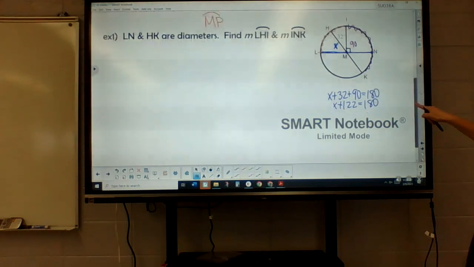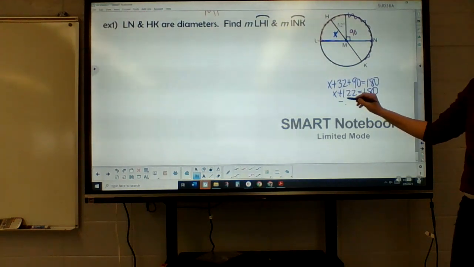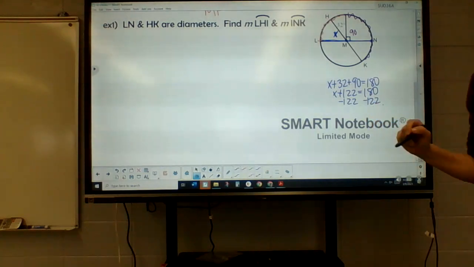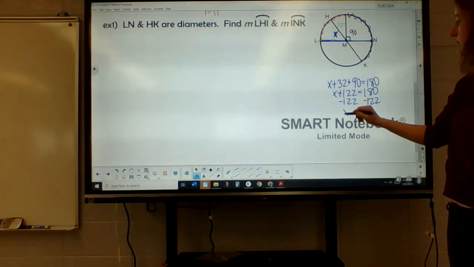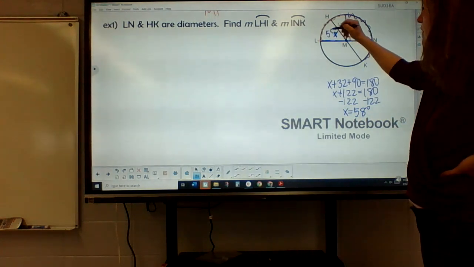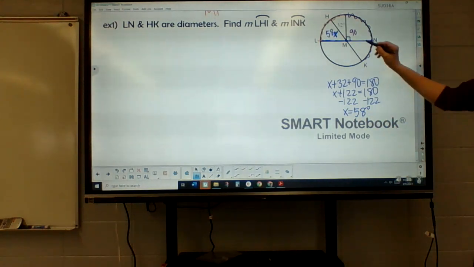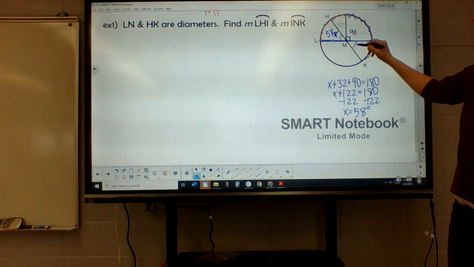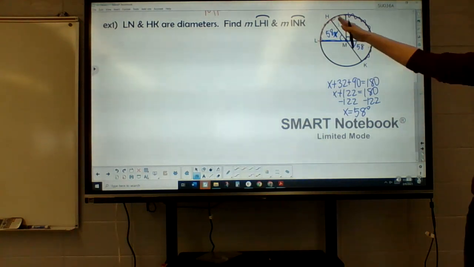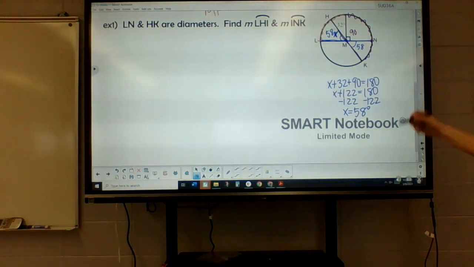So I'm going to move that over. So I find out that x is going to be 58 degrees. So this is 58 degrees. But then hopefully you guys notice this across from it is also 58 degrees because we call those vertical angles. Or you could have also used the fact that this is also a diameter.